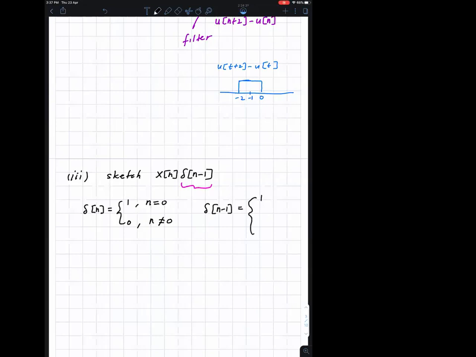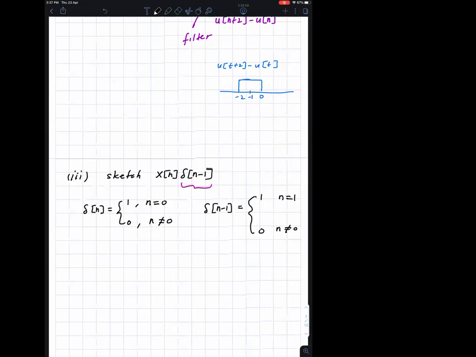Delta n minus 1 is 1 when n equals 1, and 0 when n is not equal to 1. So this delta n minus 1 is time shifted by 1. Okay?